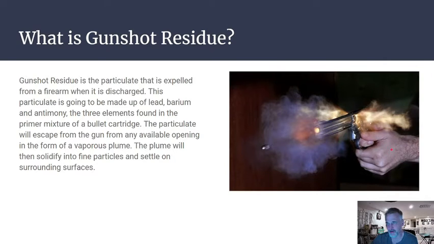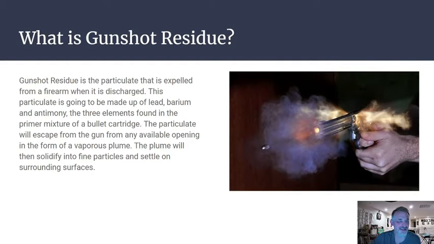It can get onto their hands or clothing, and we can detect that. It has a certain chemical trademark characteristic that we can actually test with gunshot residue test kits and tell if it's there. This particulate is going to be made up mostly of lead, barium, and antimony, the three elements found in the primer mixture of a bullet cartridge.